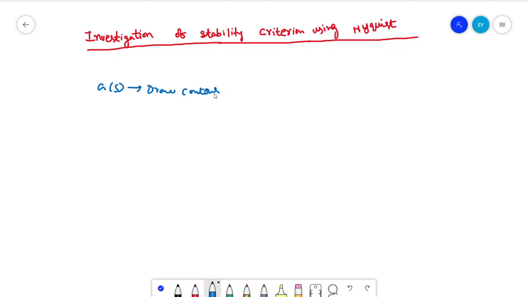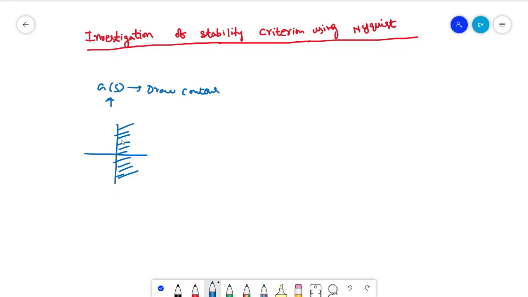The contour would be up to our wish, whatever we want to plot, and which should cover the whole right hand side plane. Okay, if we have a right hand side plane, this whole thing will be covered while you are considering a contour for G of s, open loop transfer function.